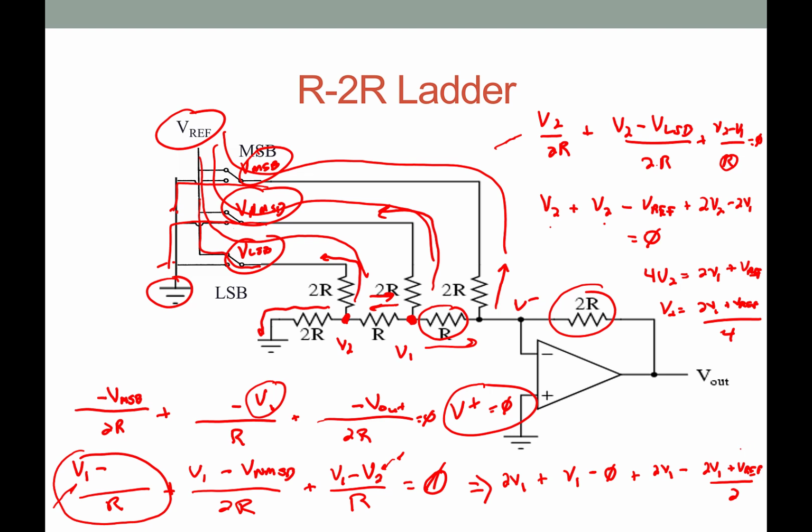And that whole thing, I'm running out of space here, is equal to 0. So that'll give me 2V1 plus V1, so that's 3V1, plus 2V1 is 5V1. So 5V1, and that's that term, and that term.